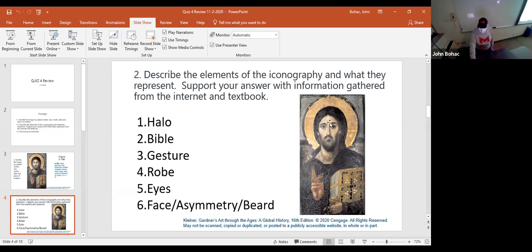On the other side, he is more stern because he has in his book, the Bible, all of the laws of God. And you'll hear a lot about that, especially in Islamic culture, the laws as handed down from God.